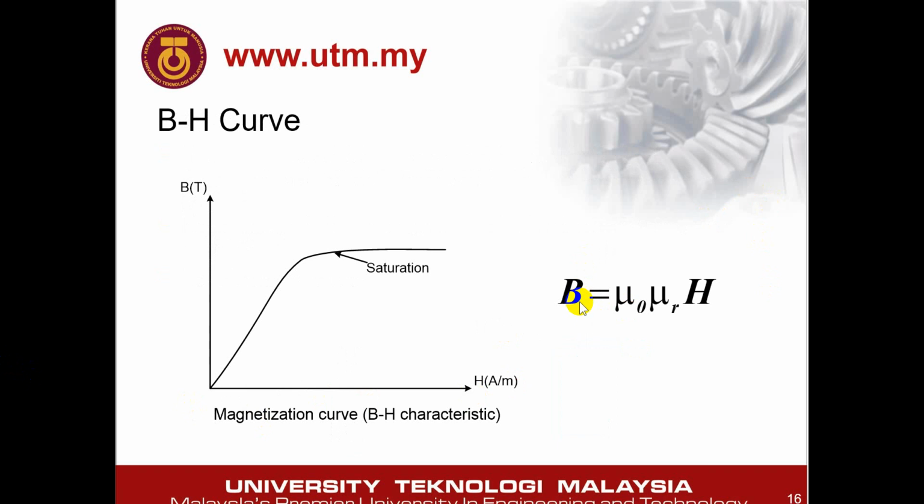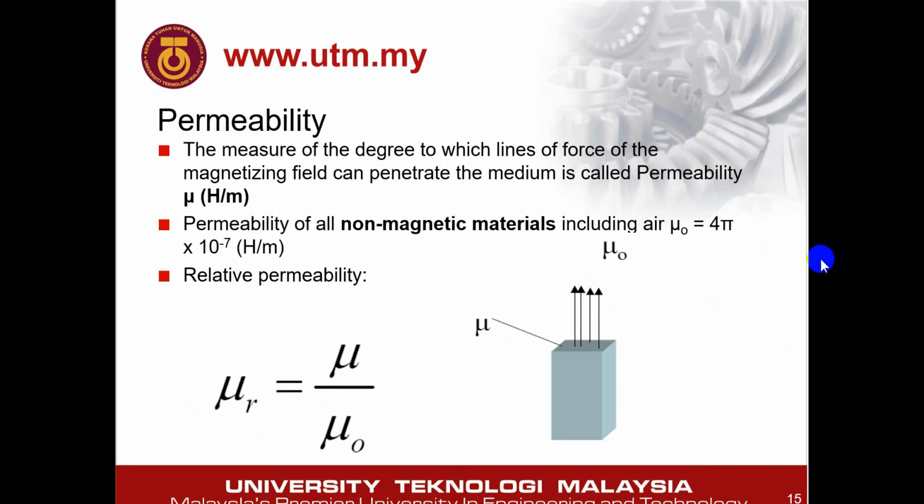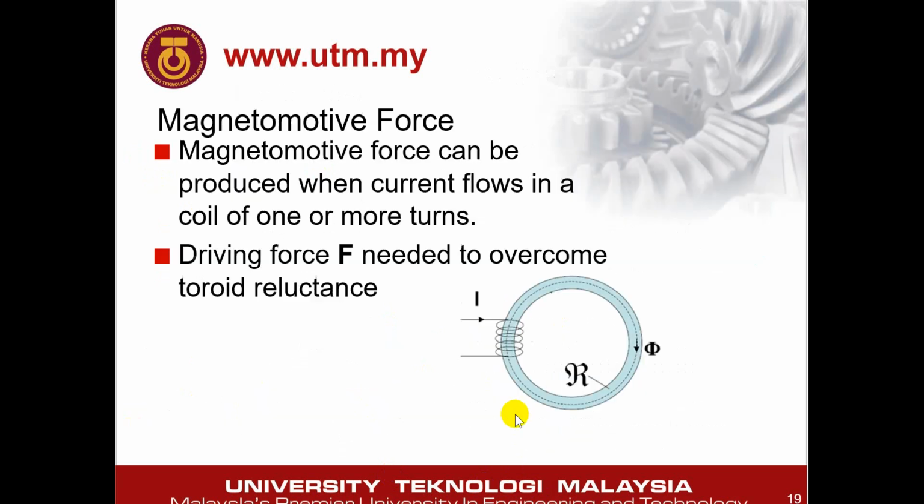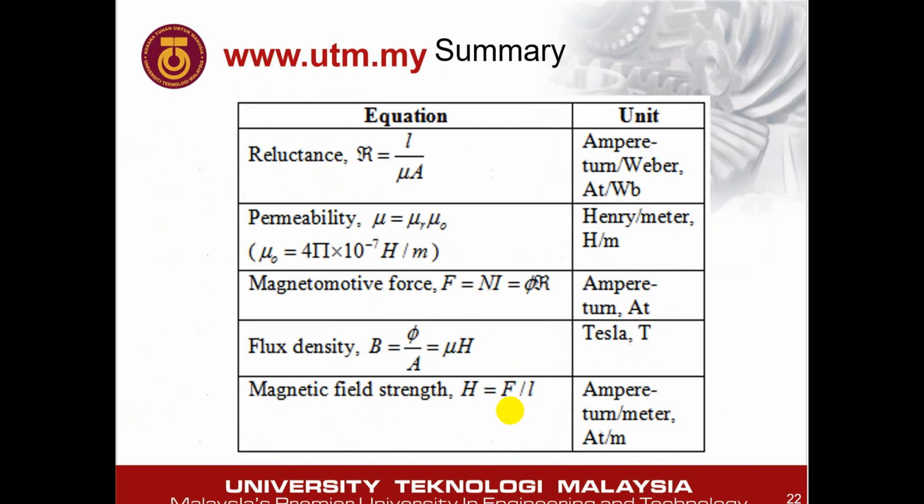Next, the BH curve. This is very useful. The permeability is very useful when you want to plot the BH curve. B is the magnetic flux density and H is the magnetic field intensity, so you have to differentiate these.